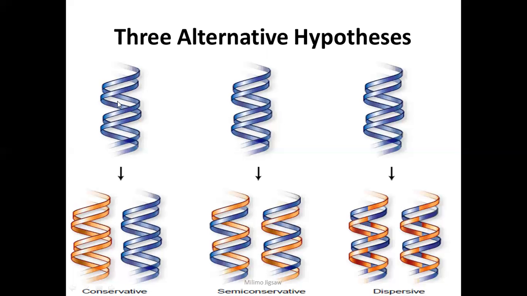So what they are saying is this. Remember, DNA is double-stranded, so each of these strands can be used to synthesize an entire new strand. Remember, the golden color represents the new strand. This hypothesis is called conservative because after replication of DNA by this method, the hypothesis is that this would result in an intact parental molecule.